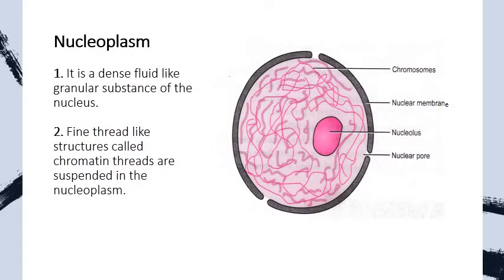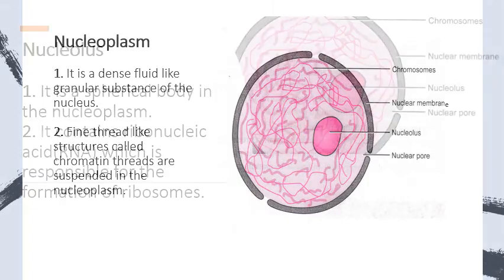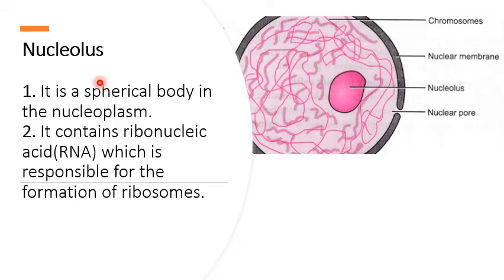The dense fluid-like granular substance present inside the nucleus is known as nucleoplasm. Fine thread-like structures known as chromatin threads or chromatin network are suspended in this nucleoplasm. Next is the nucleolus. What is the nucleolus?